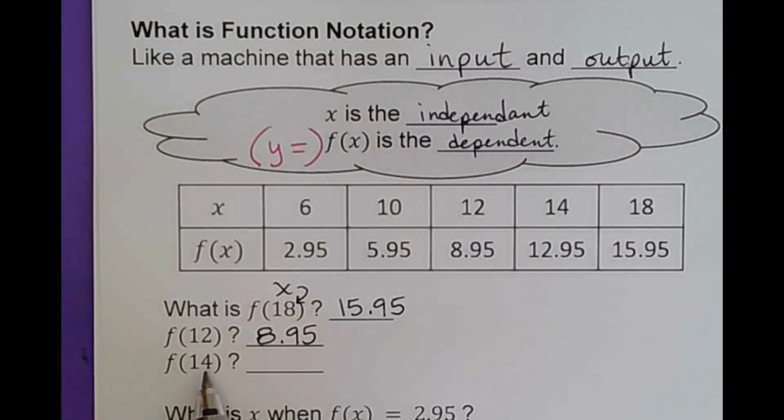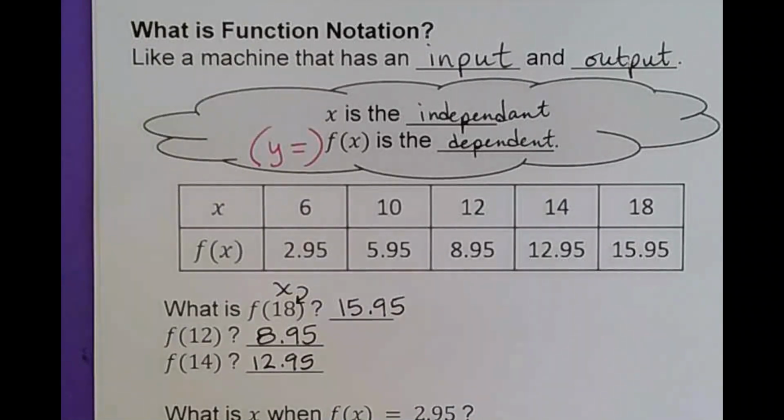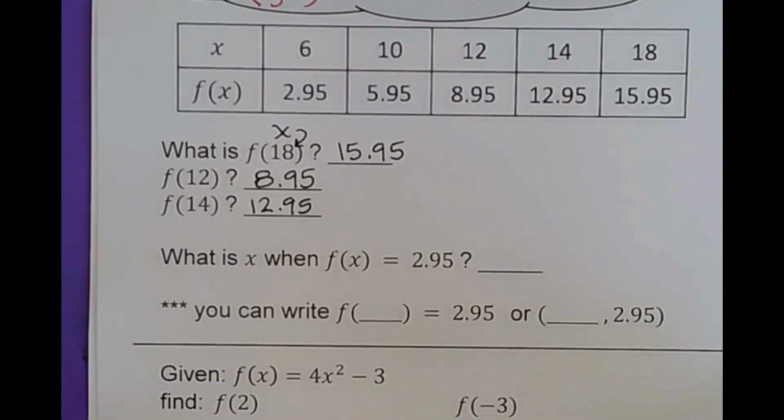At x equals 14, f of x is 12.95. I can also use this table to find x when I give you the f of x, the y.